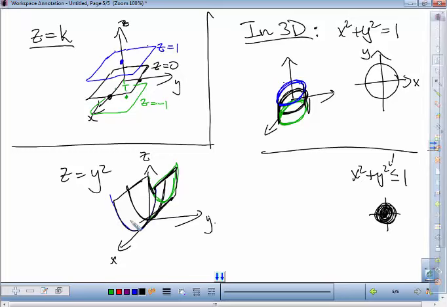And then you have kind of like a trough with no sides, or just your piece of paper. Okay? Yeah.